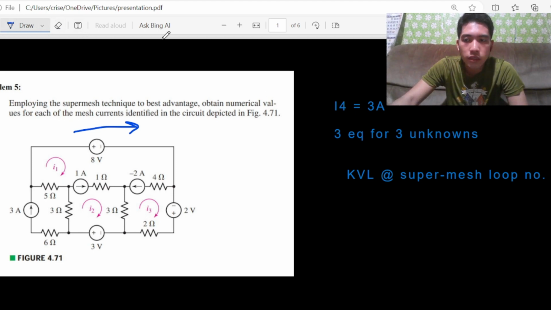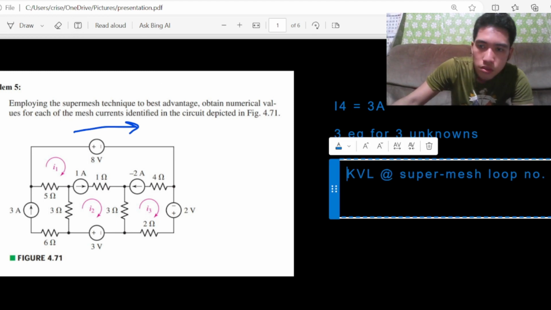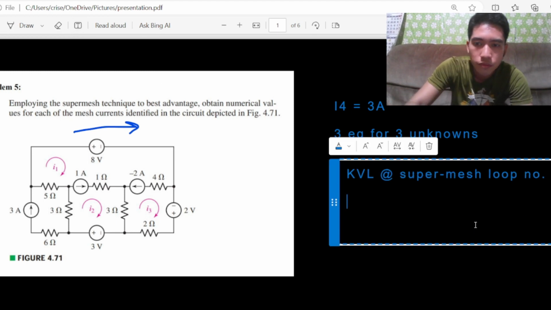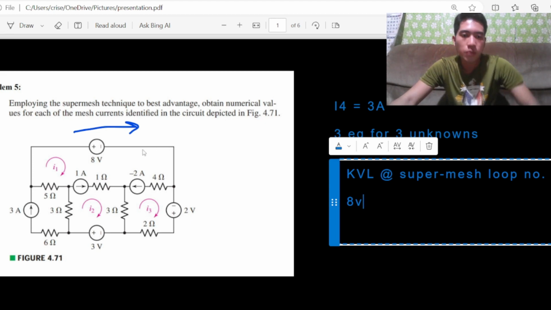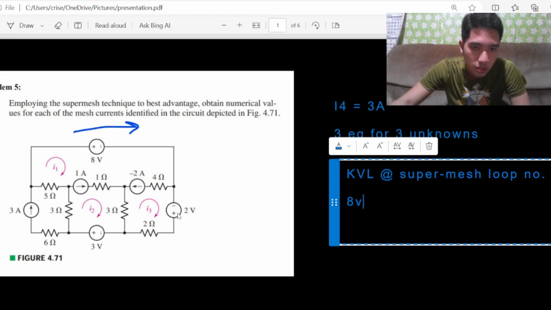So we'll write it over here: positive 8 volts. And then right next to the positive 8 volts, you can see the negative 2 volts.